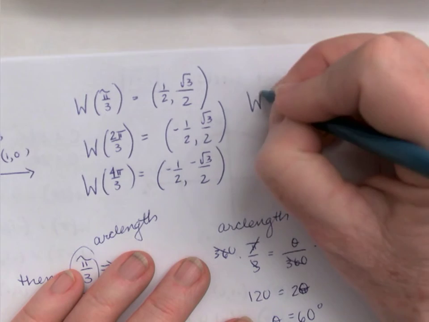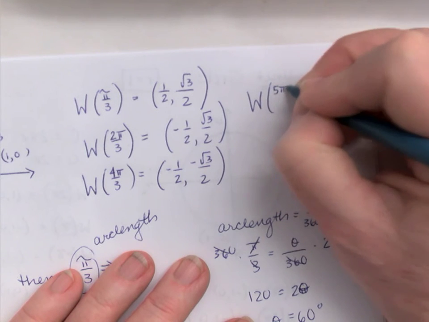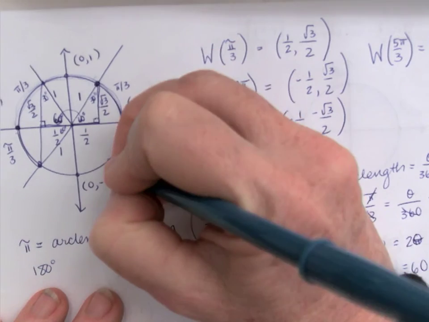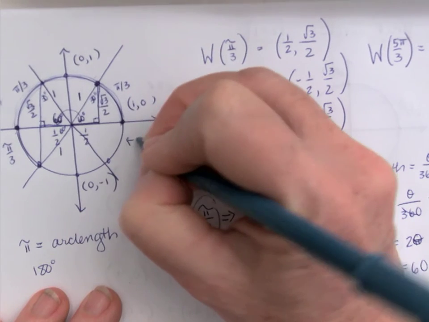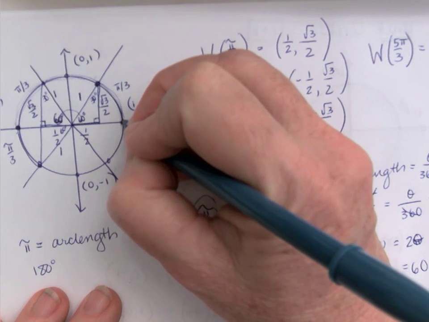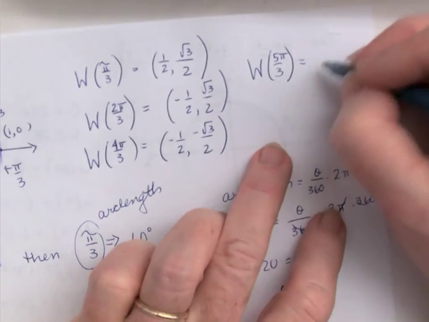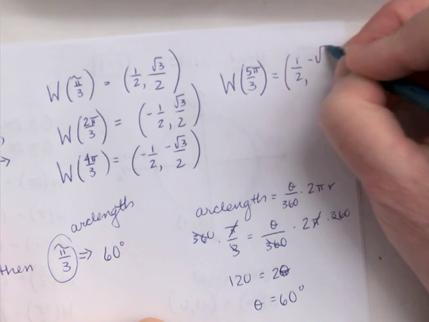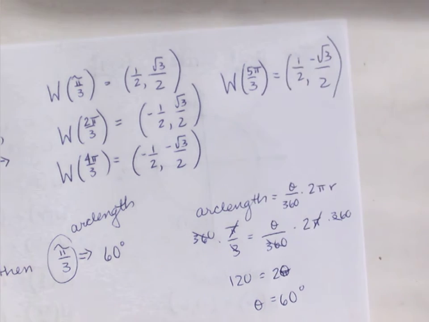And by similar reasoning, if I was going to wrap 5 pi over 3, that's going to put me right down here. Pi over 3 shy of 6 pi over 3, which would bring me all the way around. So 5 pi over 3 is always going to leave me with the rectangular coordinates +1/2 and negative root 3 over 2.